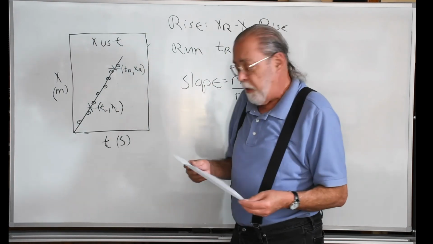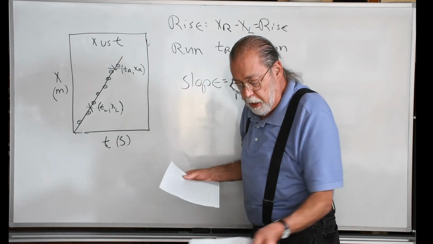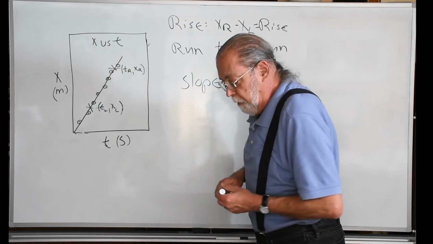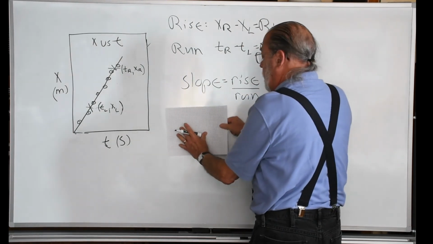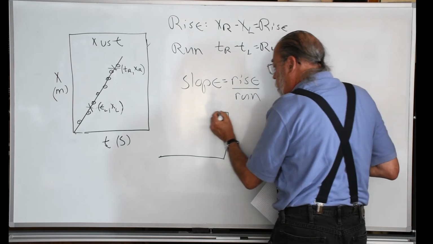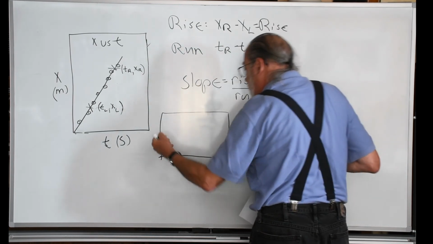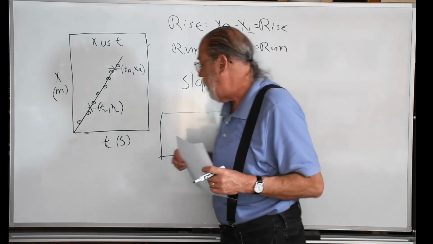Now, having done this, I have discovered that it seems to work better that you do it this way. For this particular experiment, you put the paper this way. Okay, this way.